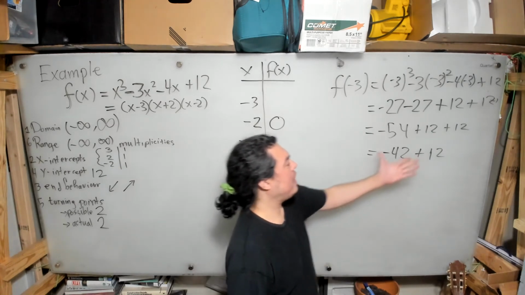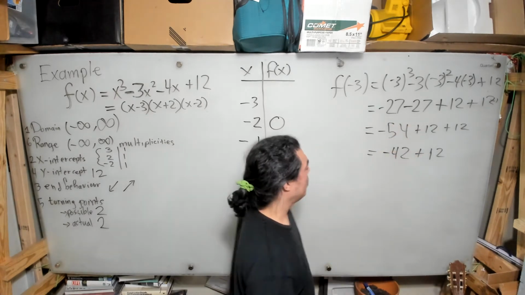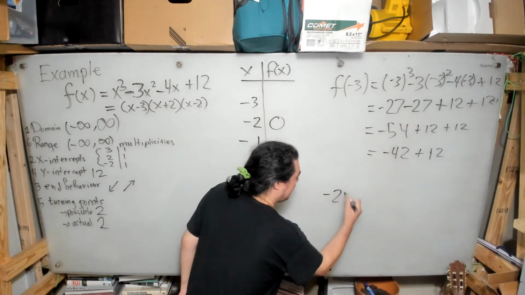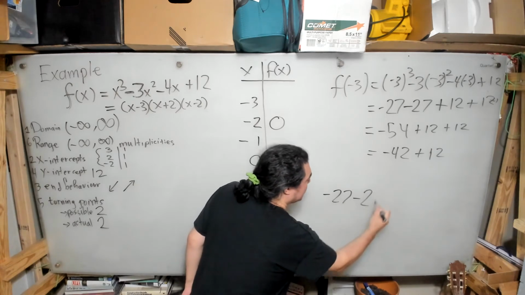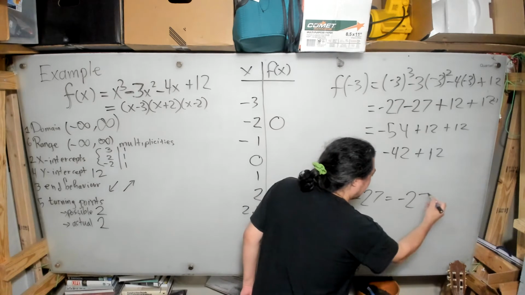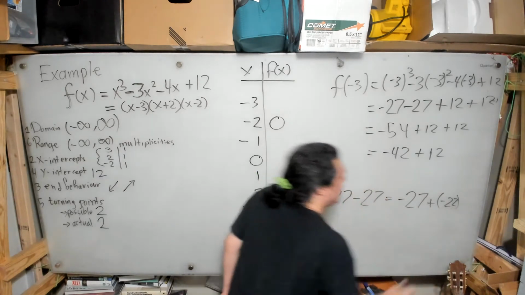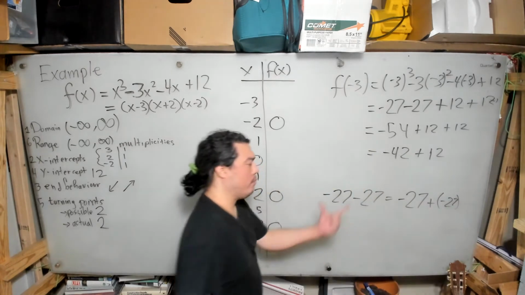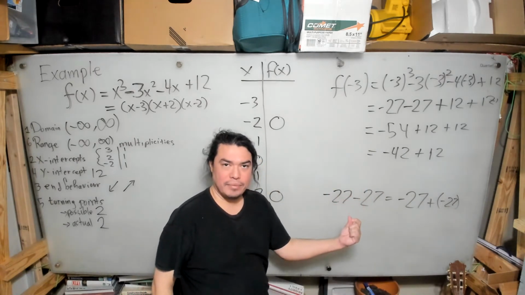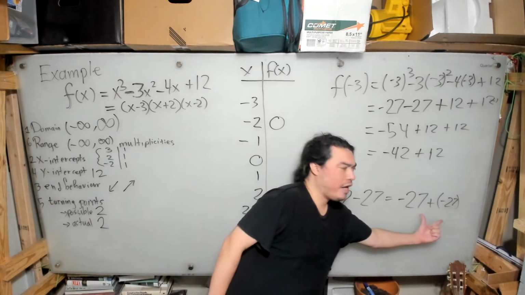You might say, David, how did you get -27 minus 27 is -54? Well, I can say -27 minus 27 is, by definition, -27 plus -27. And when we're adding two numbers with the same sign, be that sign positive or negative, we add the absolute values of those numbers.